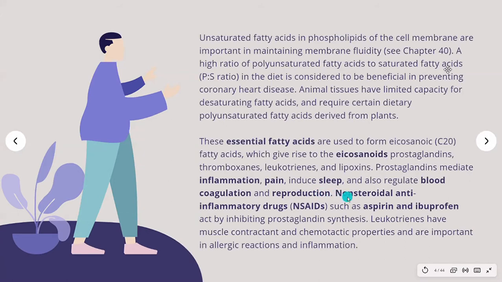Our non-steroidal anti-inflammatory drugs, known as NSAIDs, such as aspirin and ibuprofen, act by inhibiting prostaglandin synthesis.